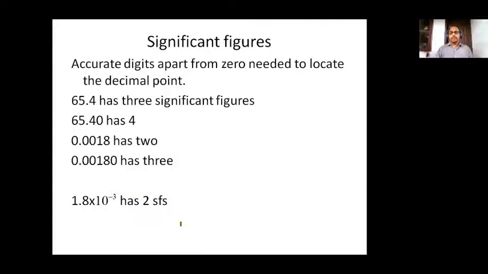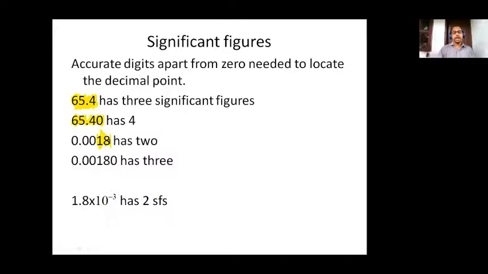Significant figures are the accurate digits, apart from 0 needed to locate the decimal point. The number 65.4 has 3 significant figures. 65.40 has 4 significant figures, but 0.0018 has only 2 significant figures.